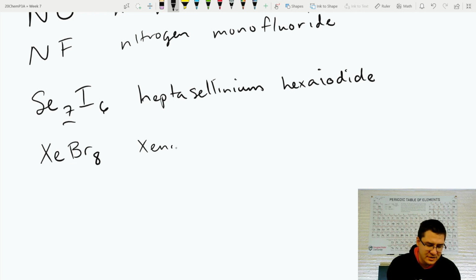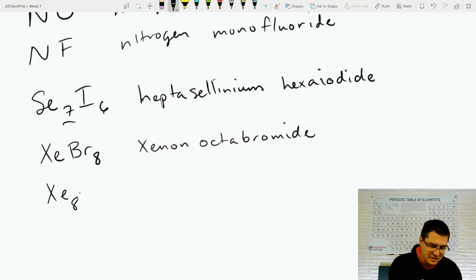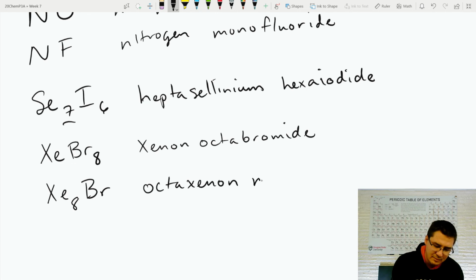So I'll just use the word xenon, no mono. And then octabromide. And if it was the other way around, I know this would be strange. And a lot of these compounds don't exist in nature, but this is how we would name them if they do. This would be octaxenon monobromide.